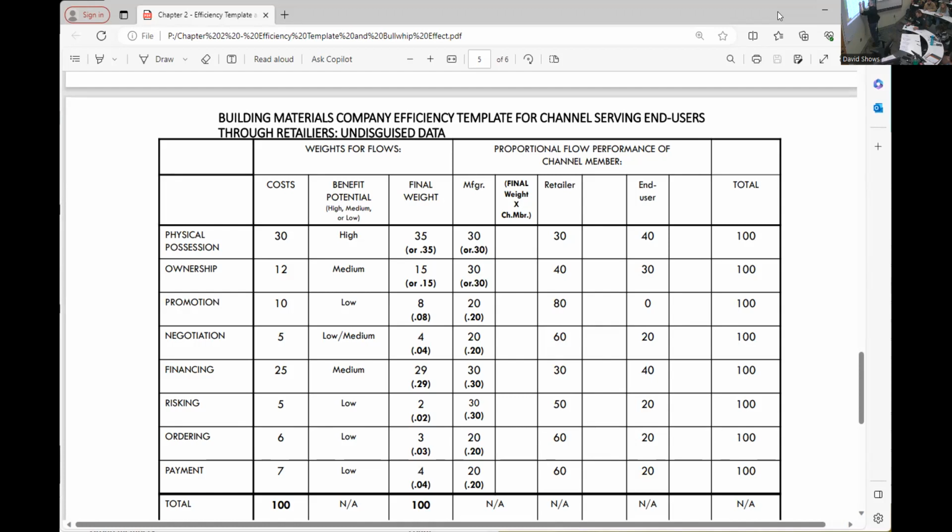Very good. 0.02 times 0.3. 0.006. Correct. The next one is 0.3 times 0.2, vice versa, 0.006. What's the last one? 0.008 again. All right.